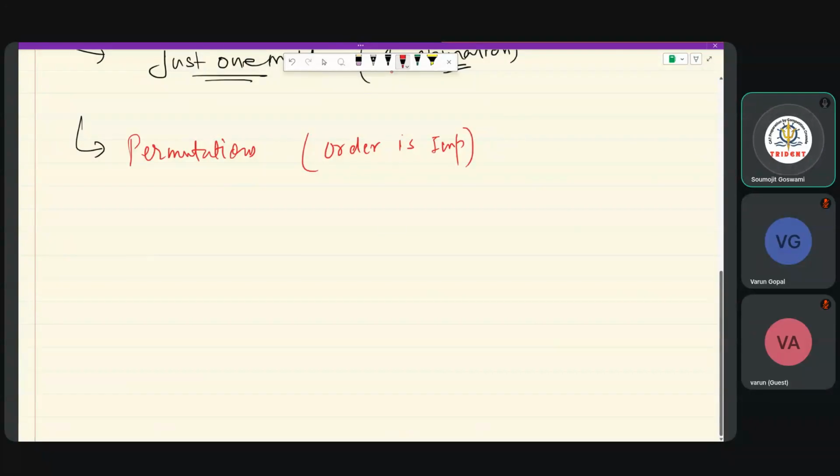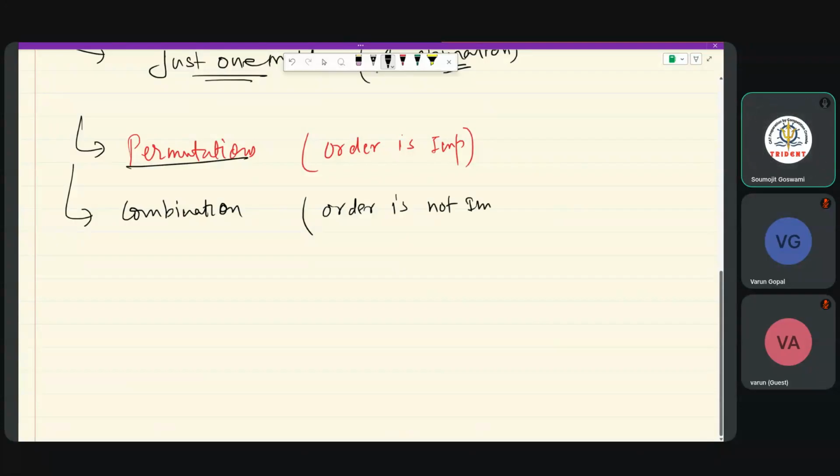In combination, order is not important. Now, what is order, guys? What is order? Order as in India, Australia, or Australia, India. Can be of any order.